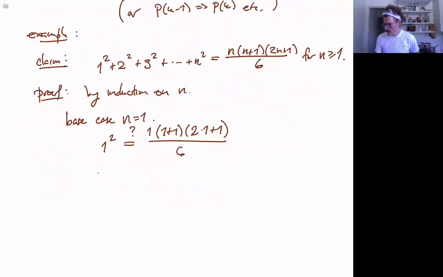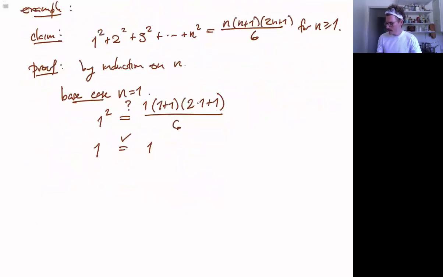So then this side is 1, and this side is 1 times 2 times 3 divided by 6. That is 6 over 6, right? So this is 1. And they are indeed equal. So that's the base case done. Now the induction step.